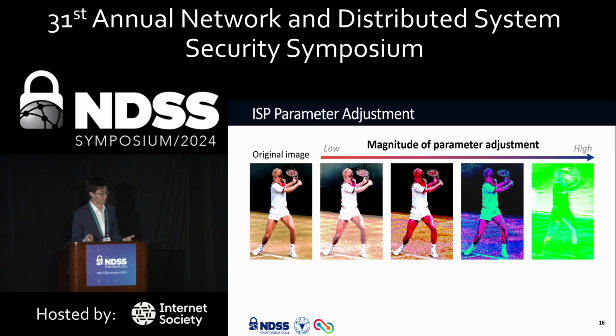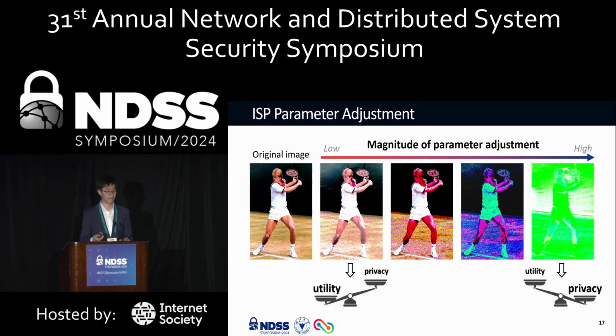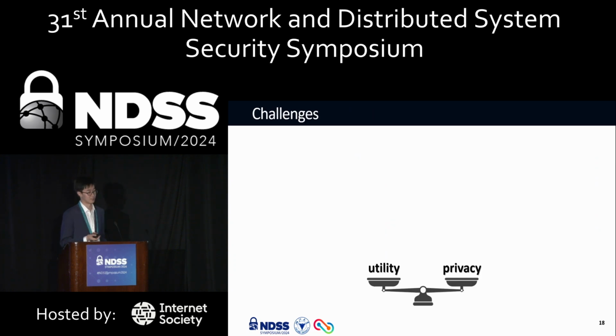So now the problem is that we can at most manipulate the colors of the entire image, not the face only. So if we protect the facial information completely, human activity recognition may not work anymore. Conversely, if the parameter adjustments are too minor, facial recognition may not be effectively prevented. So the key challenge is to maintain the utility of the HAR system while preserving privacy.